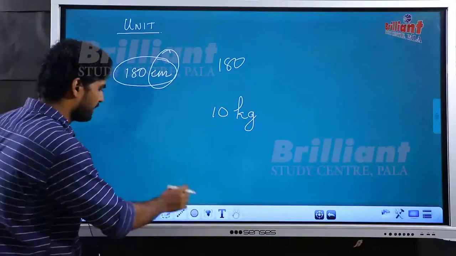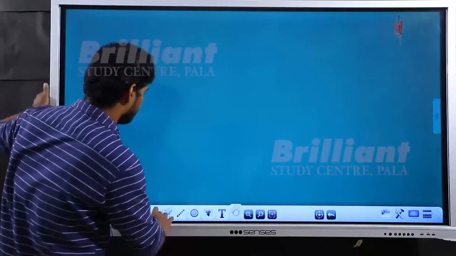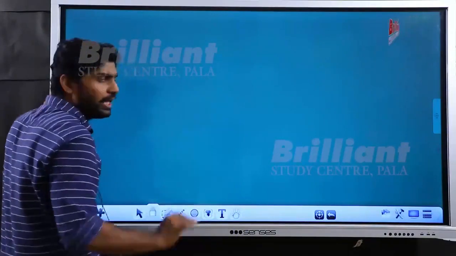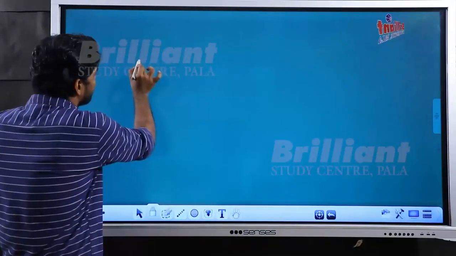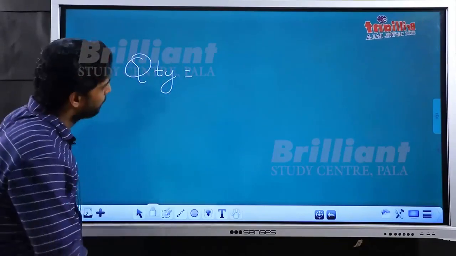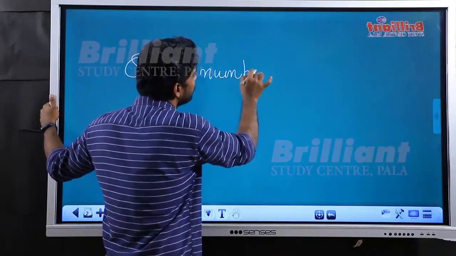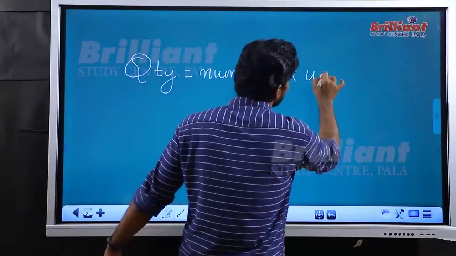Suppose any physical quantity, like we have seen length, mass or anything. A physical quantity can be represented like this: quantity is equal to a numerical value, a number, into a unit.